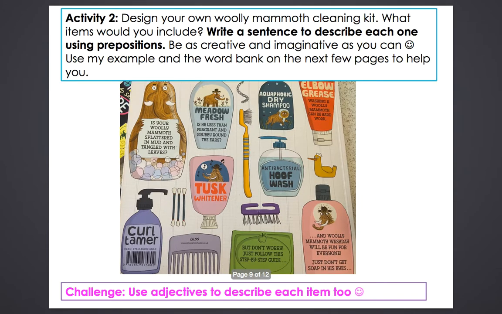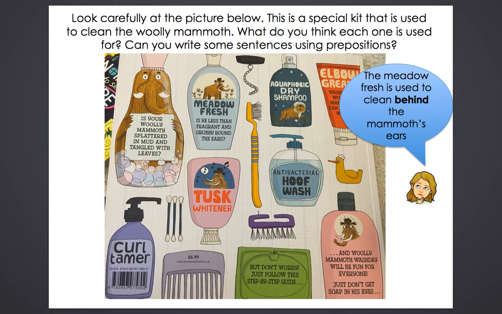There we go. Now, at the back of the Woolly Mammoth book, there is a picture of lots of different things that you might use to clean a woolly mammoth. Okay, it's a special kit for cleaning a woolly mammoth. Now what I want you to do is have a look at each one and have a think what each one could be used for.